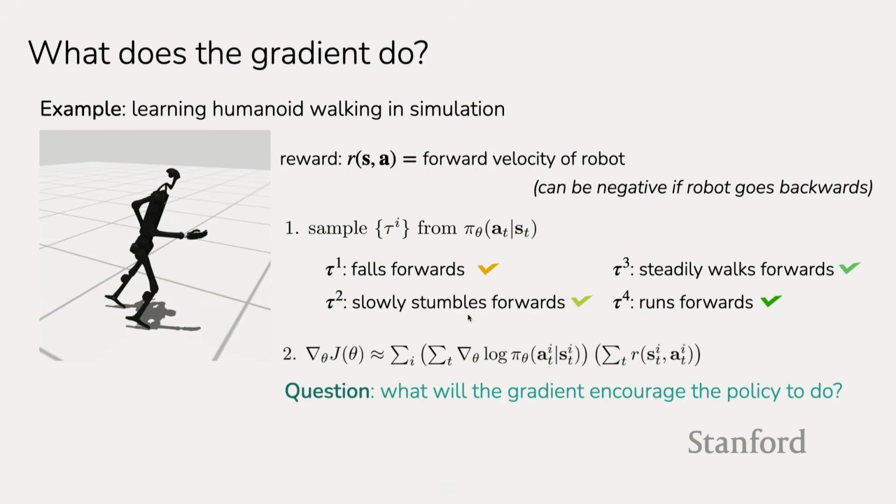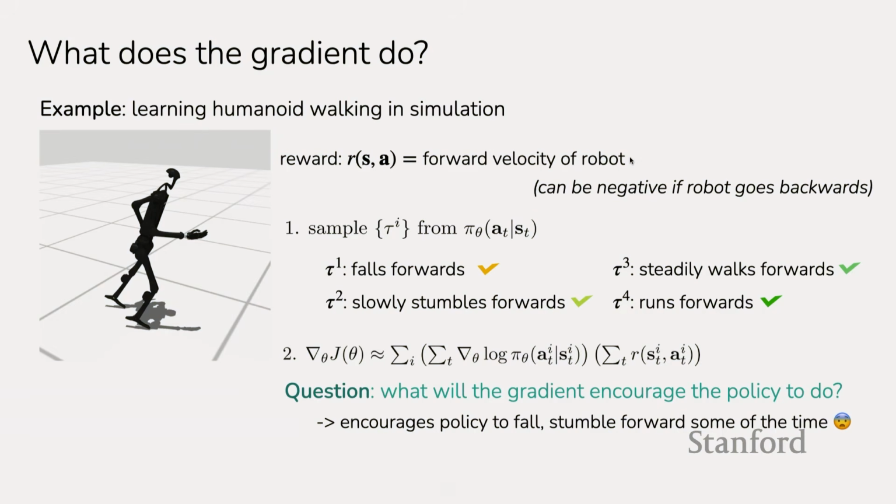Because this term is non-negative when it's positive, you're still going to be increasing the likelihood of the actions in these trajectories. Now it won't do it as frequently as running forward, but it will still be encouraged to do that. And that might be a little bit concerning because sometimes it will actually be encouraging it to stumble forward. And ideally, in this case, we would want the policy to run as fast as possible.